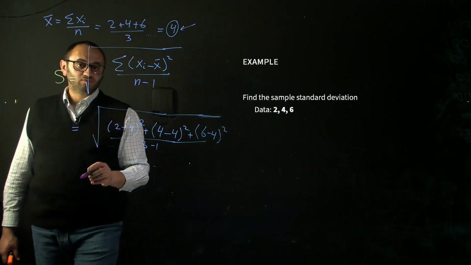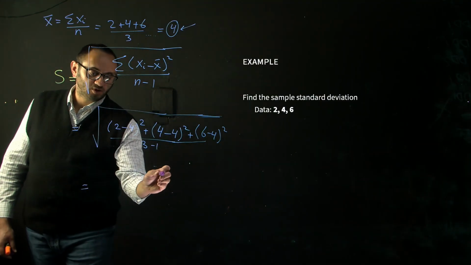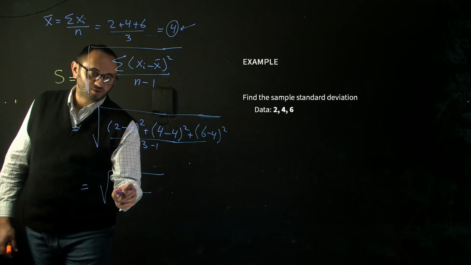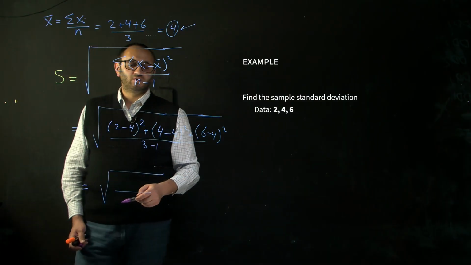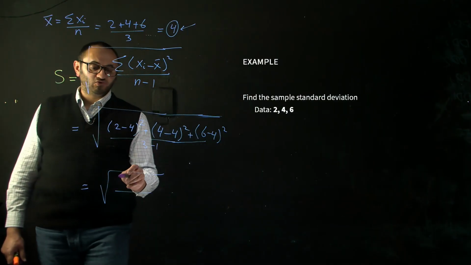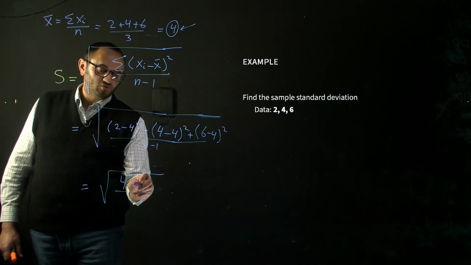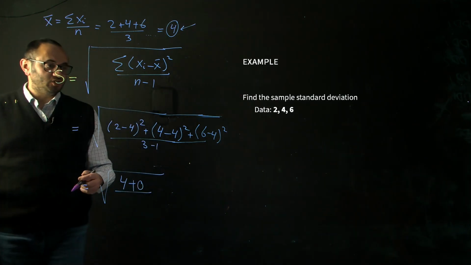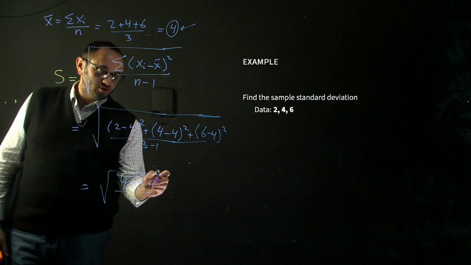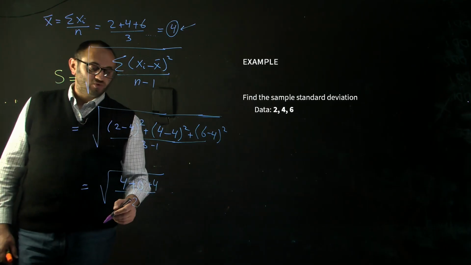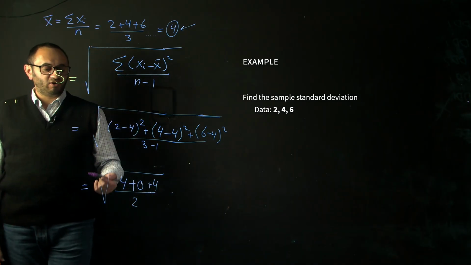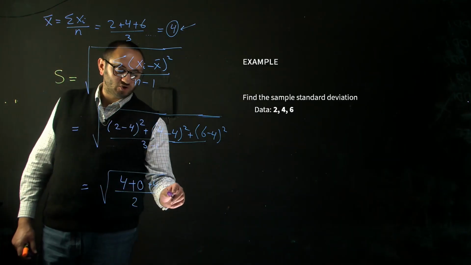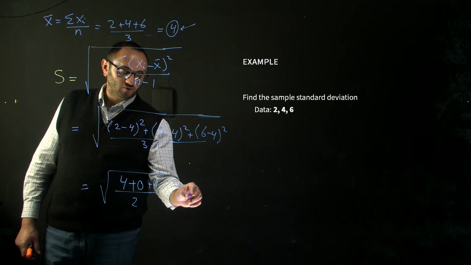All right, so square root of 2 minus 4 is negative 2, squared is 4. 0 squared is 0. And 6 minus 4 is 2, squared is 4, divided by 2. 4 plus 4 is 8. 8 divided by 2 is 4, square root of 4, which is 2.